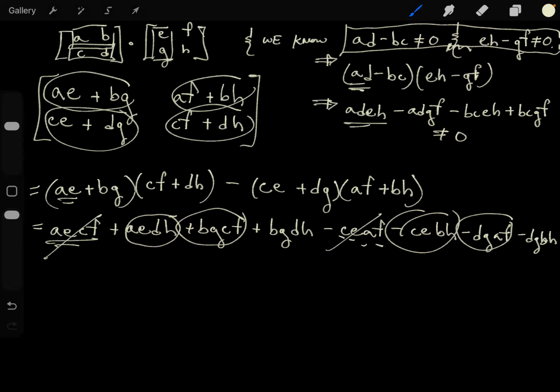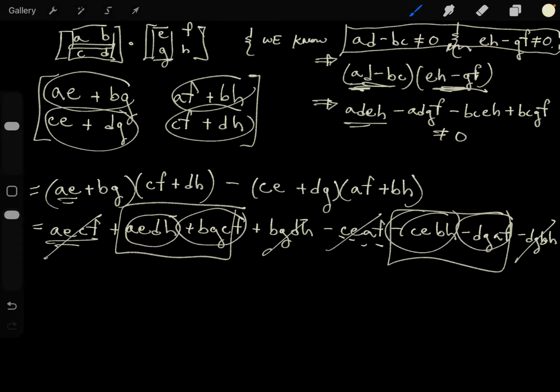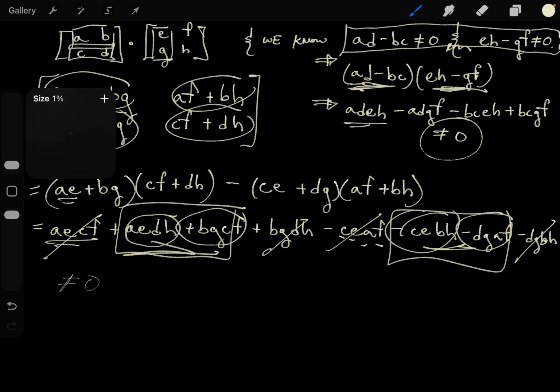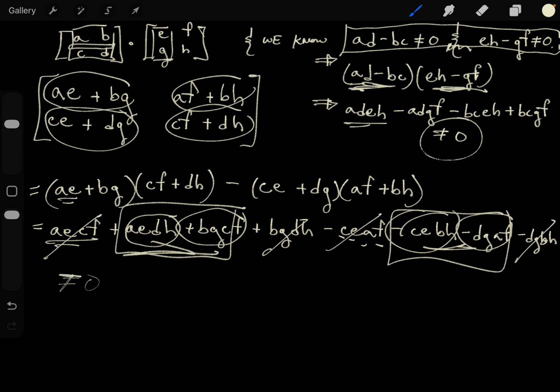With this, I just showed you that when I multiply two non-zero numbers, I must get something that's non-zero. And you know that the multiplication of two invertible matrices is another invertible matrix. And there you go. So this is the whole idea.